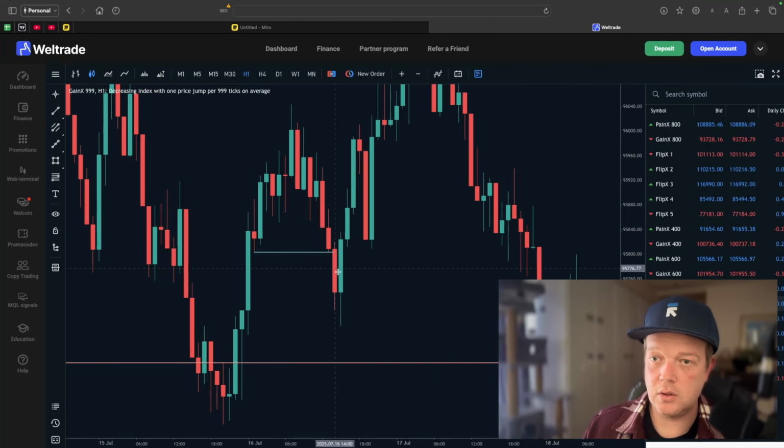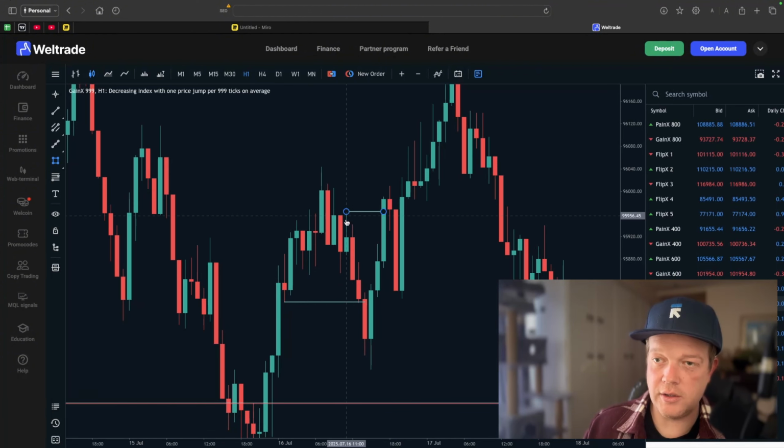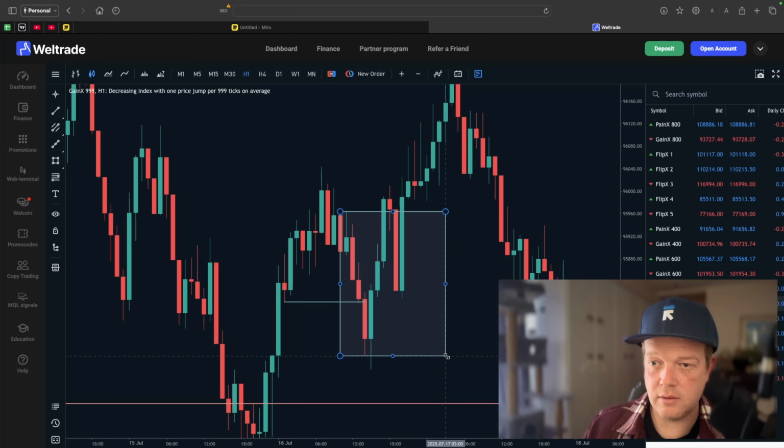So we took this low right over here. This was our last high right over here. We broke it. Now this high was the high that created this push for this down move right over here. So you will take your order block literally from there until there.